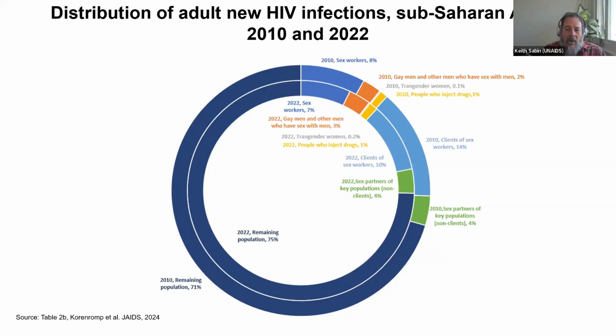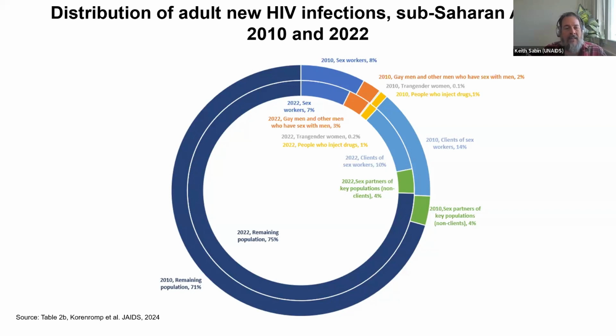We see a smaller decrease among sex workers. And these decreases are not statistically measurable, so we can't tell you if they are statistically significant or not, but they're changes as we've determined it through the modeling that we've done.